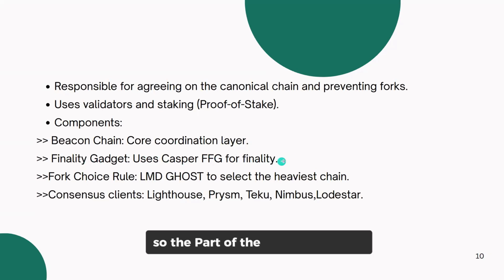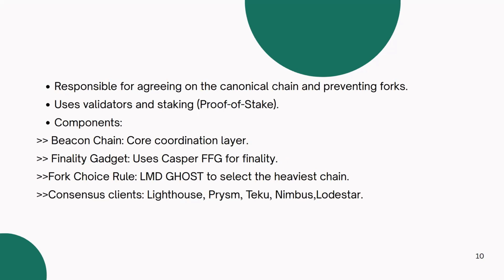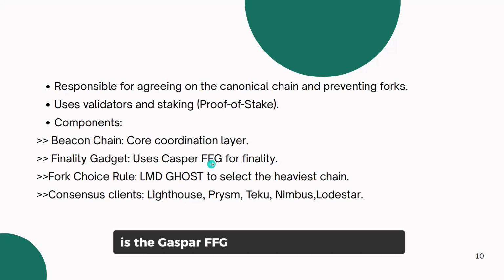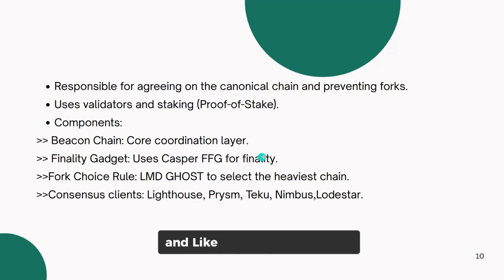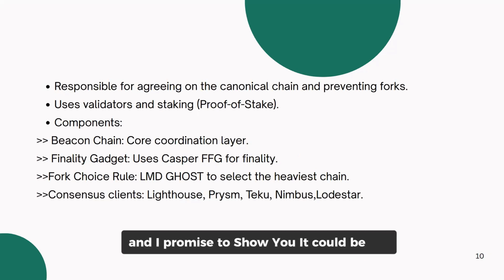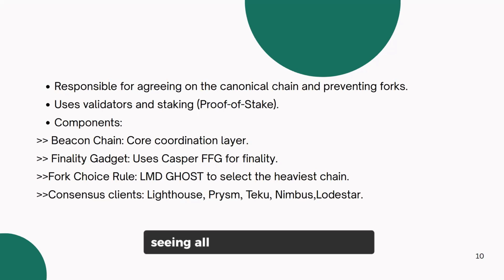So the part of the consensus layer responsible for block finality is Casper FFG. That's the work of this component here. And as we continue to dive strictly into the consensus layer, we will see all of these things. I promise to show you a code base, and we'll do a walkthrough seeing all of these things together.